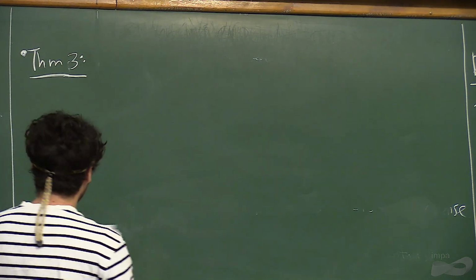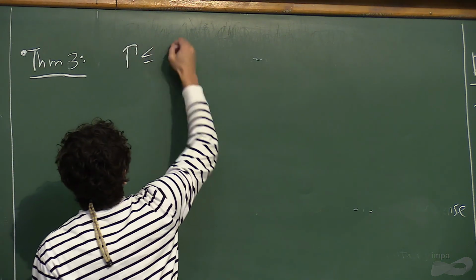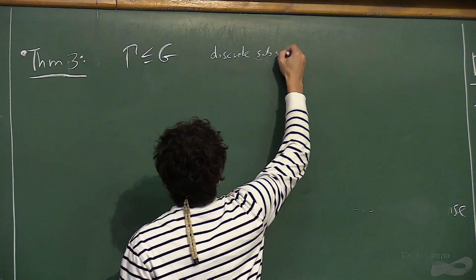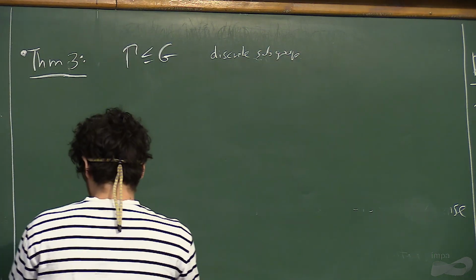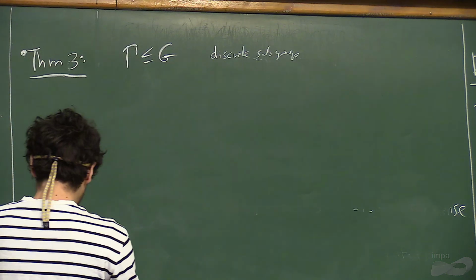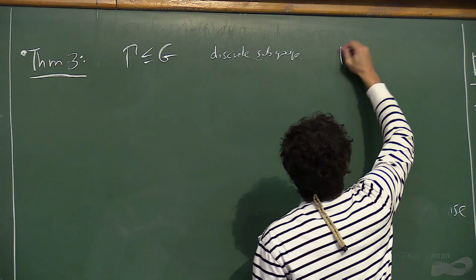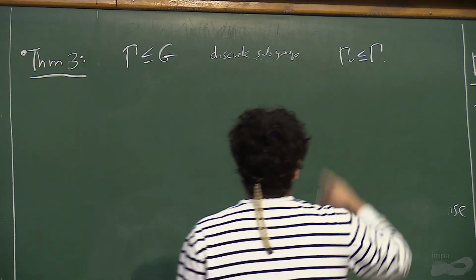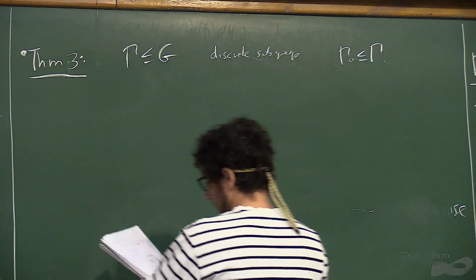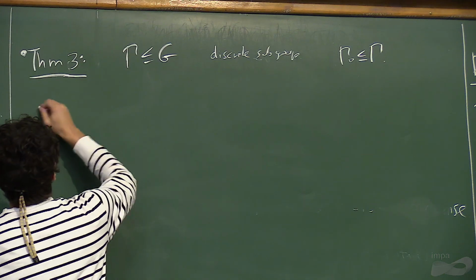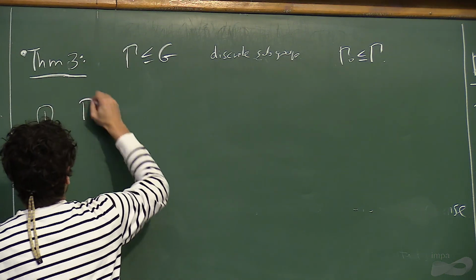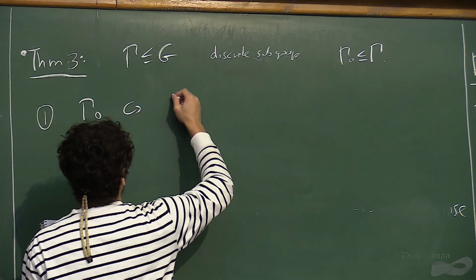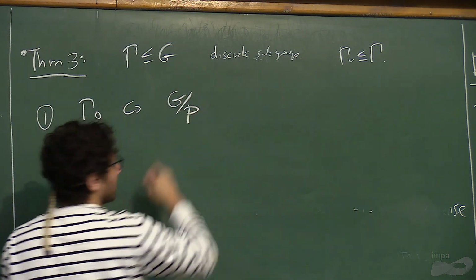Suppose I have a discrete subgroup gamma in G, and suppose I have a discrete gamma 0 containing gamma, such that this gamma 0 acts ergodically on the boundary.